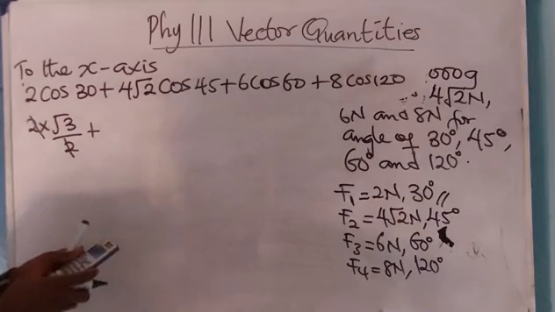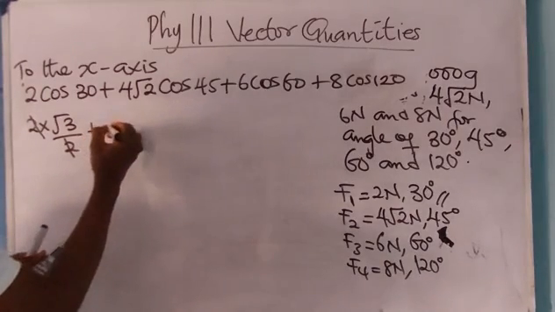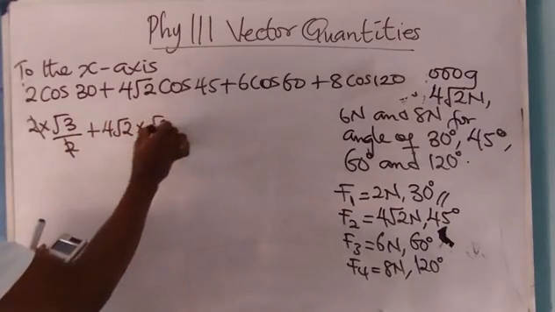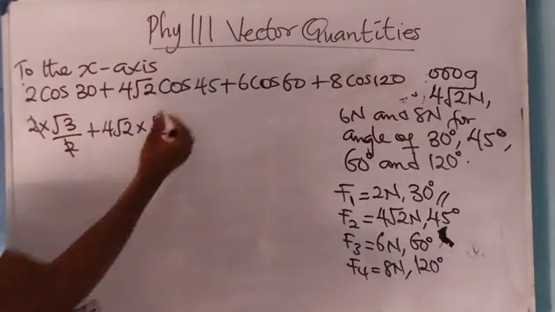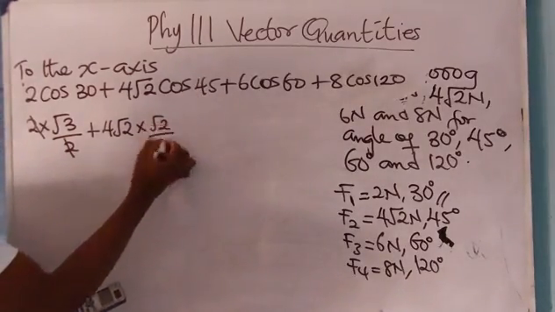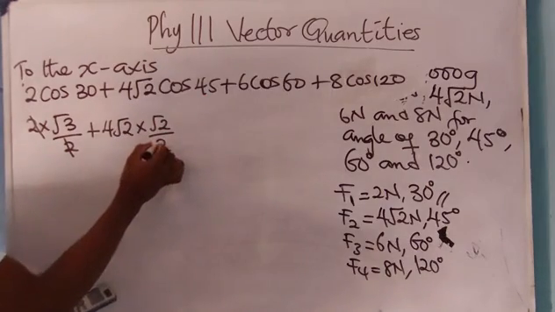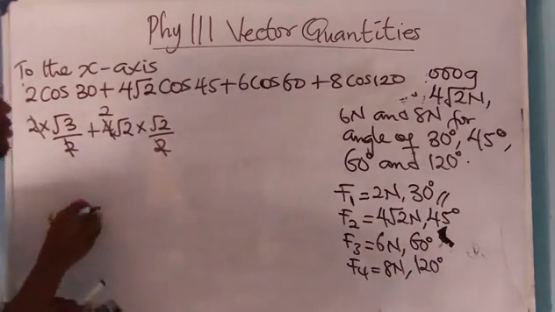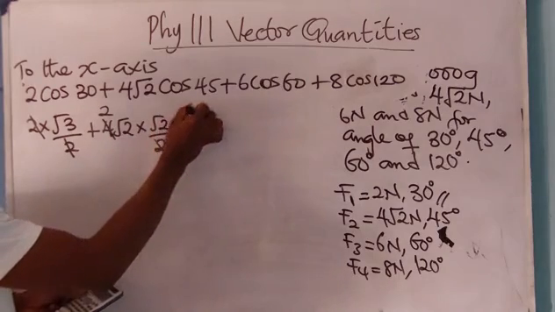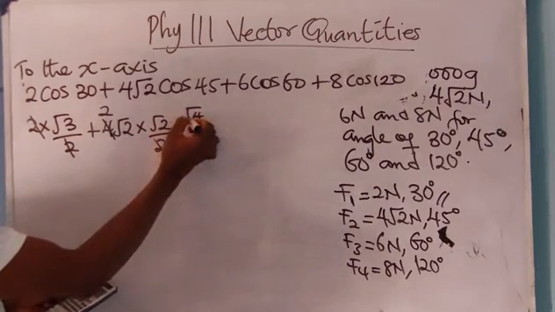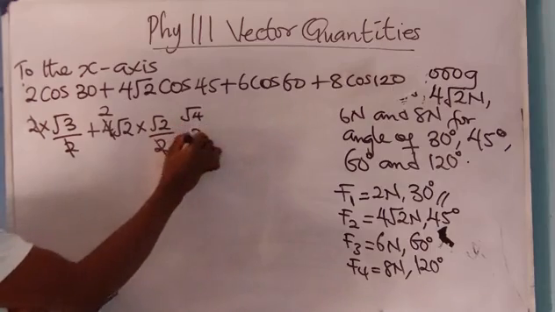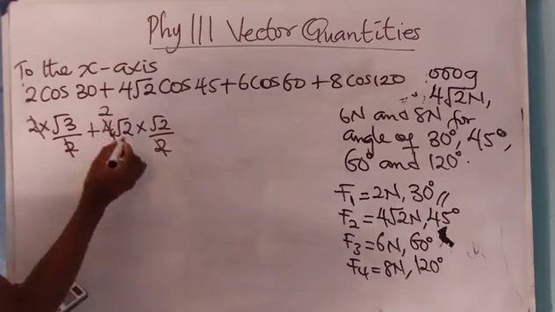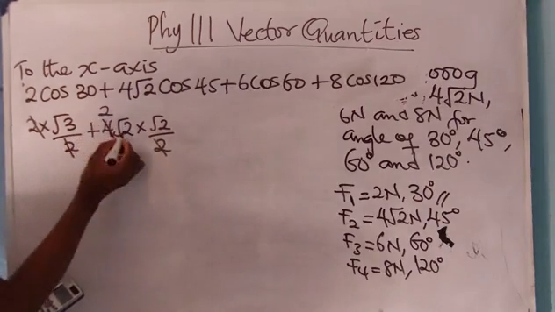Plus, cos 45 is root 2 over 2, and this is the Newton given. So 4 root 2 times root 2 over 2.